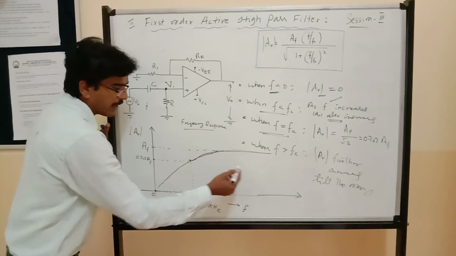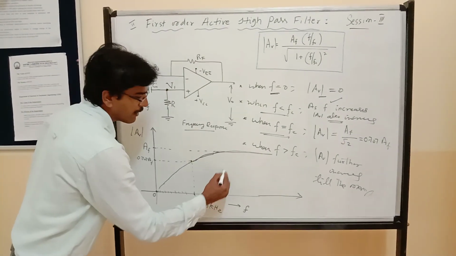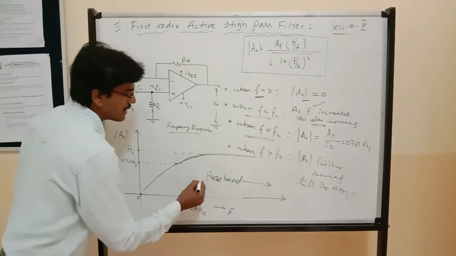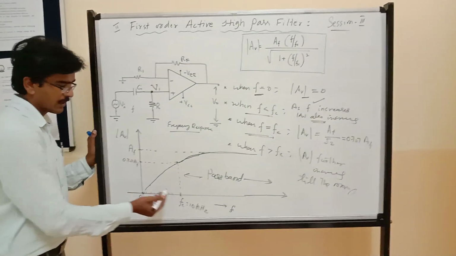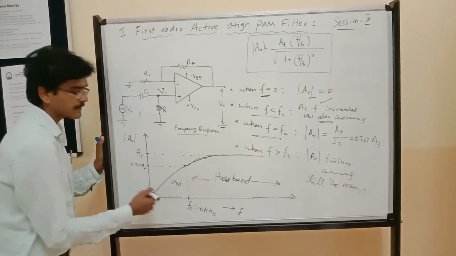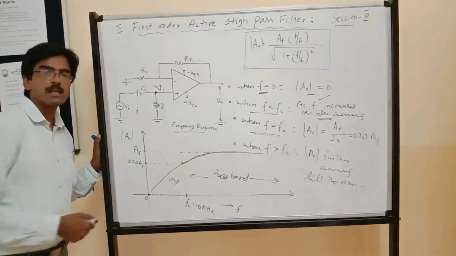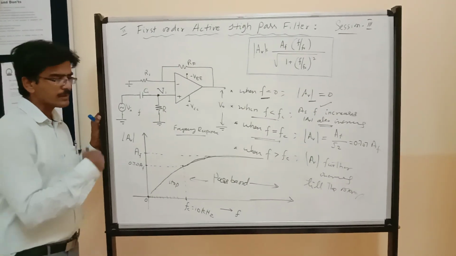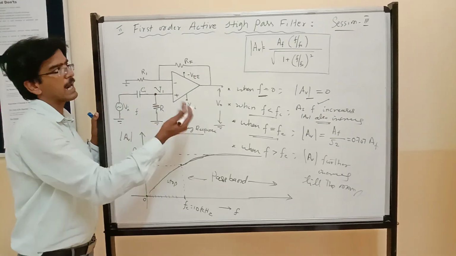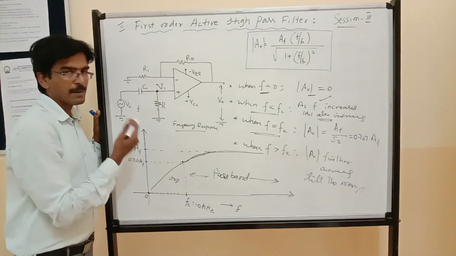So above Fc, the band we call the pass band, because during this band all the signal frequencies will be passed. Below Fc, we call it the stop band, because during this band the signals will be rejected. That is how we can prove mathematically by this expression that it acts as a high pass filter.